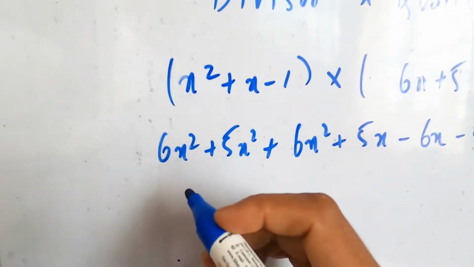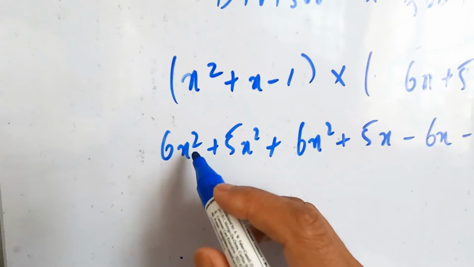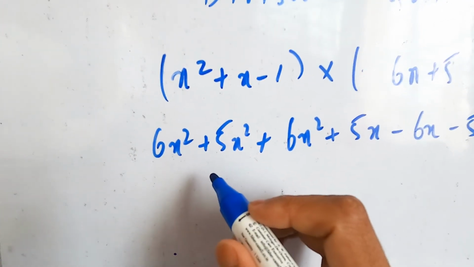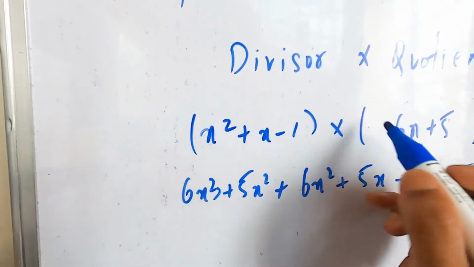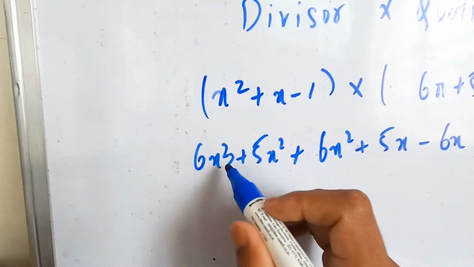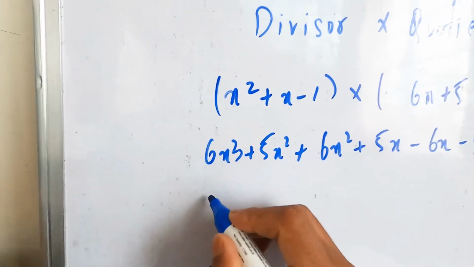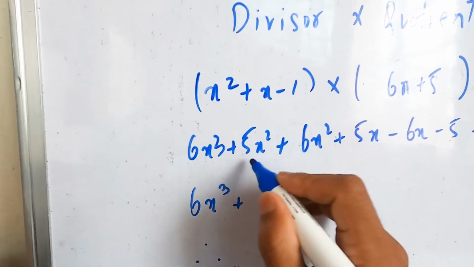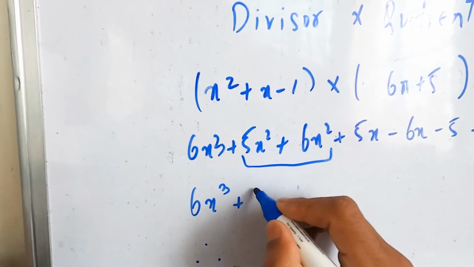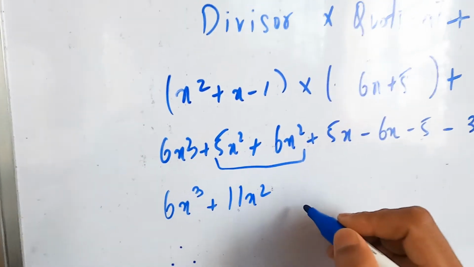So 6x square, oh sorry, this should be cube. All right, x square into 6x will be 6x cube. So in this case we will be getting 6x cube plus 5x square plus 6x square, we will get 11x square.